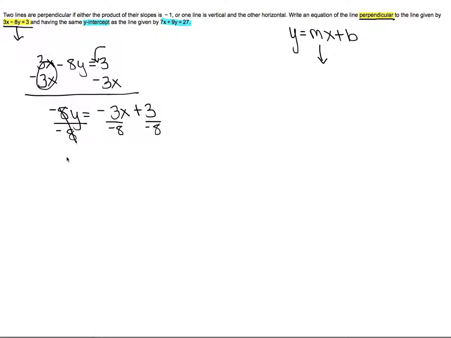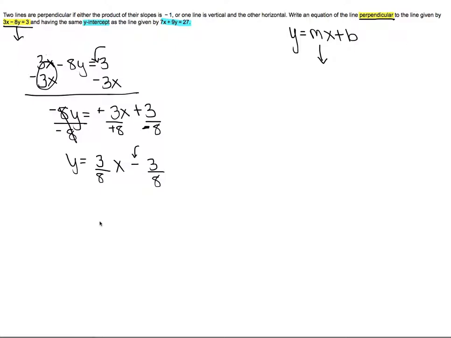And we get y equals negative 3 over negative 8. And a negative divided by a negative is a positive, so this is just 3/8 x minus 3/8. And this sign is now a minus sign because of that negative on the bottom.